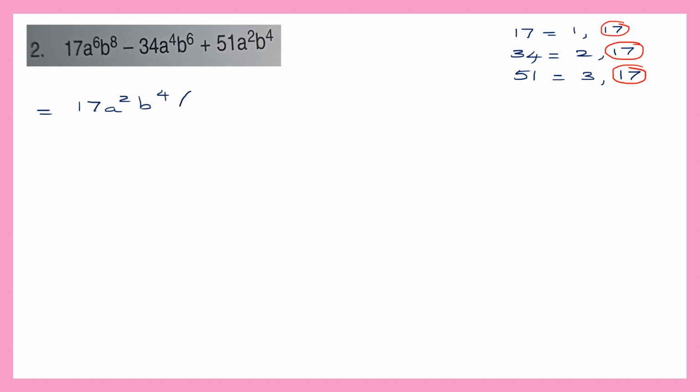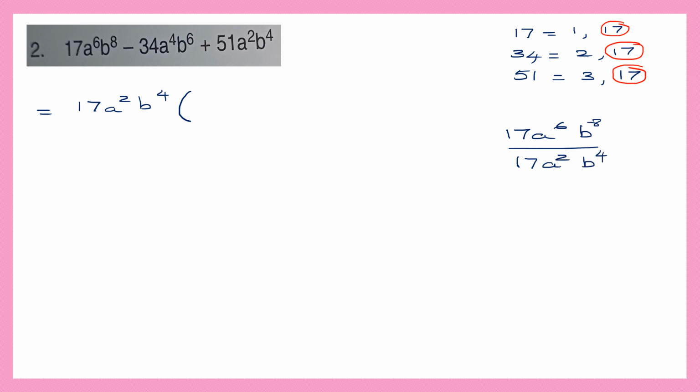So we can put this down, and now we are going to divide the first term by this, the second term by this, and the third term by this to get our terms inside the brackets. So let's start with the first one. The first one is 17 a to the power of 6 and b to the power of 8 divided by 17 a to the power of 2 and b to the power of 4.